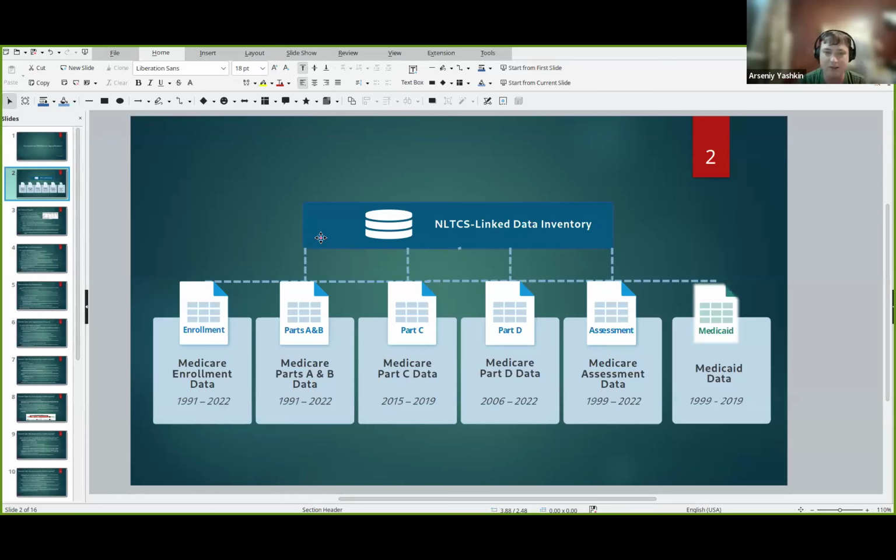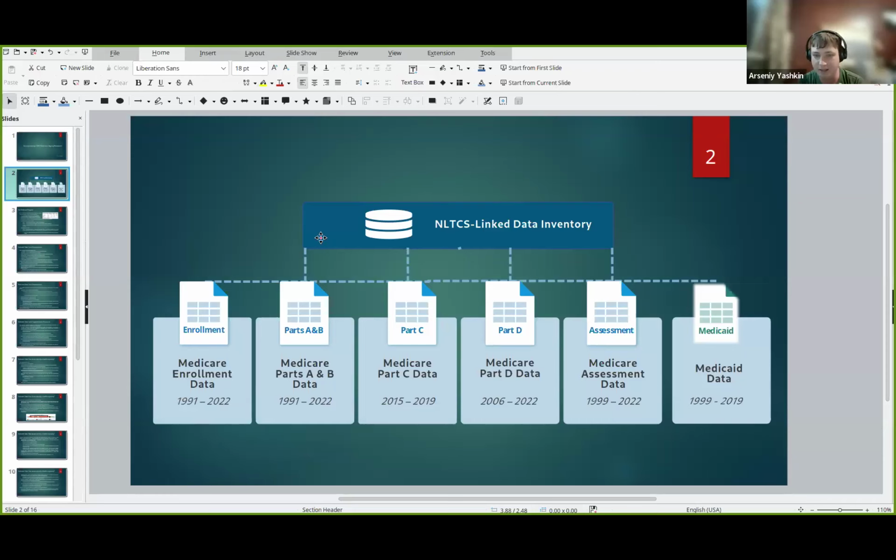So the same thing for Medicare's Parts A and B. A very important Medicare Part C is available from 2015 only. So there has been an increase in Medicare Part C membership since its introduction. Early on in the 1990s, it's not that big a deal, and I'll talk more about this as we move along with the presentation.